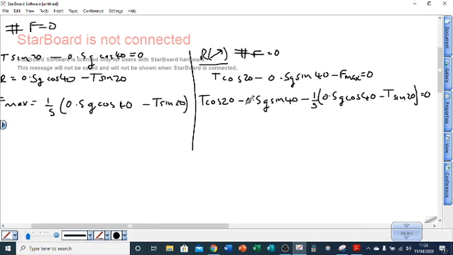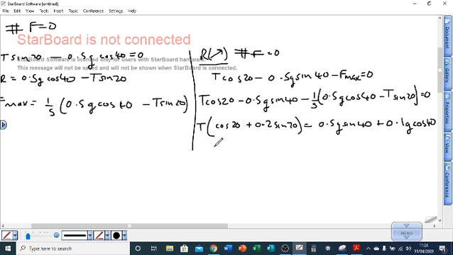Now I'm going to gather the T's up and factorise, so I end up with T, open brackets, cos 20, and minus a fifth times minus gives you a positive, a fifth is 0.2 sin 20. Okay, that, and the rest thrown over, equals 0.5 g sin 40. That times that gives you 0.1, and thrown over gives you a positive 0.1 g cos 40.